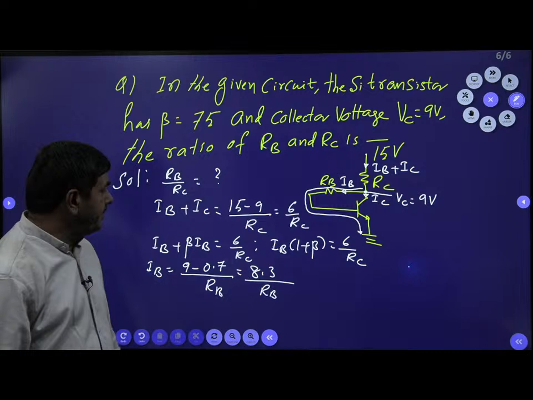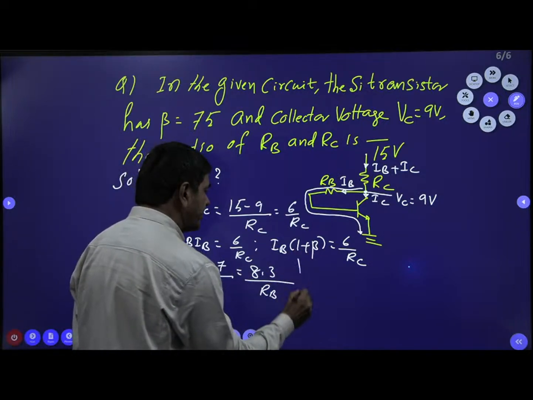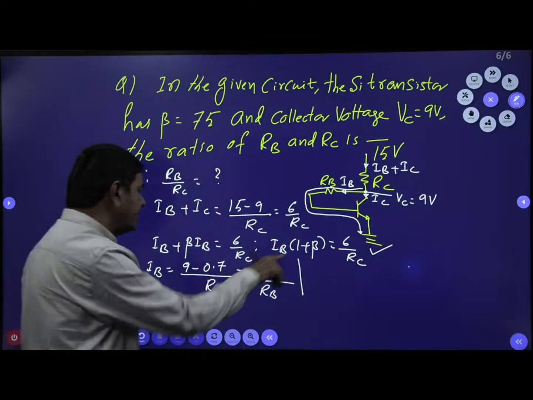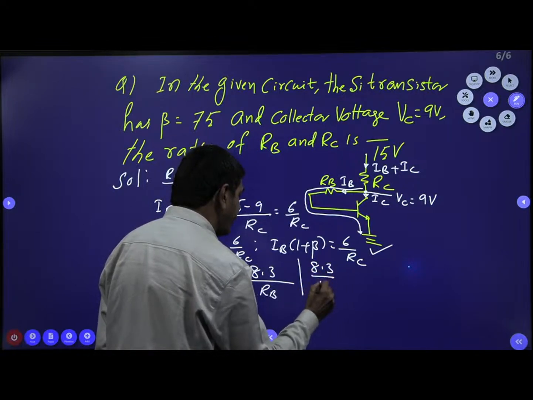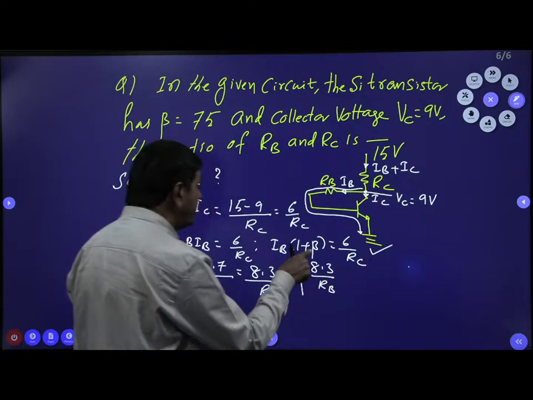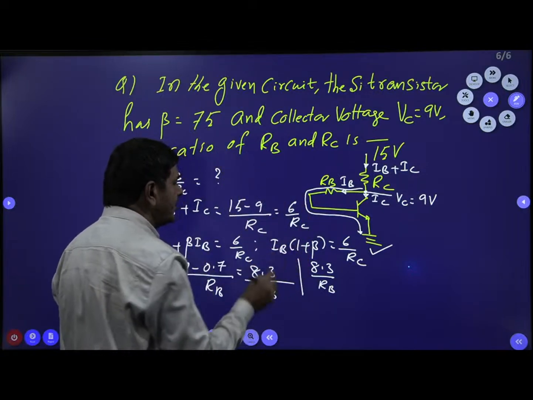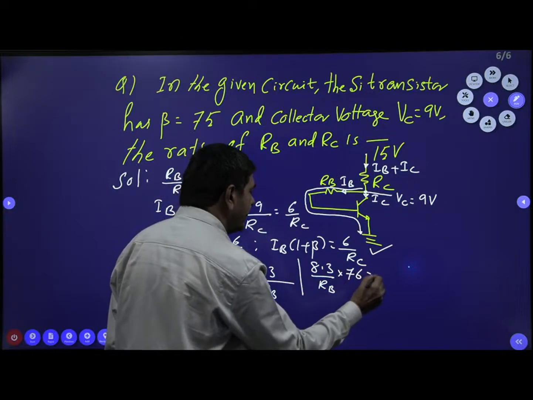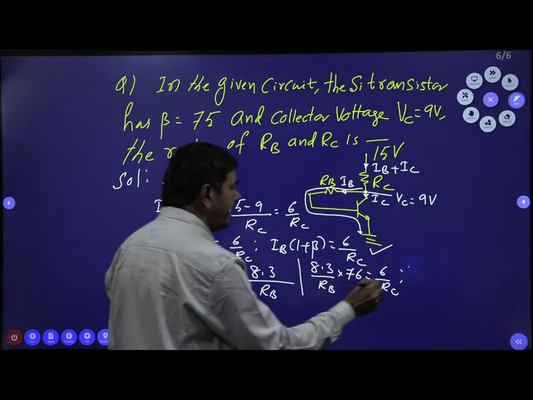Now this IB I wish to substitute in this equation. IB is nothing but 8.3 by RB. Beta is given in the problem as 75. 75 plus 1 is 76. That equals 6 by RC. But I want RB by RC.